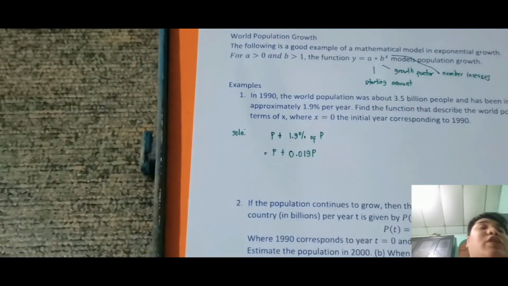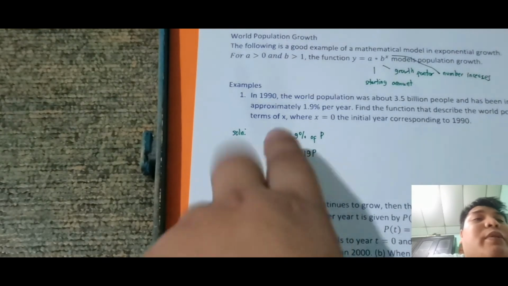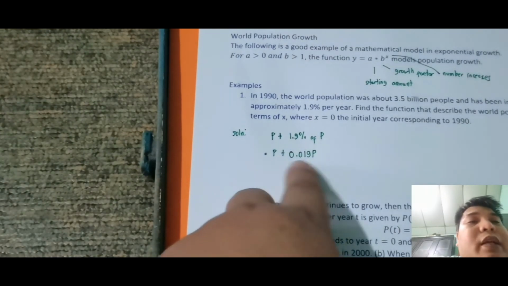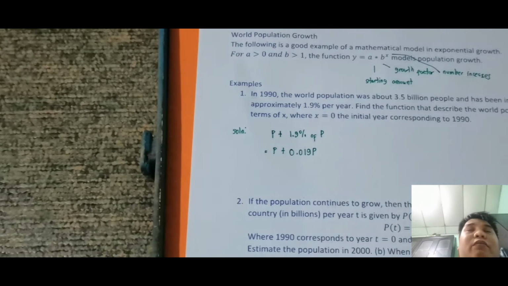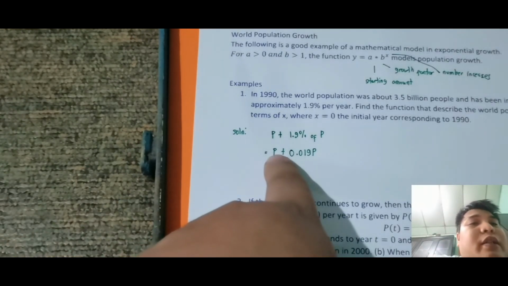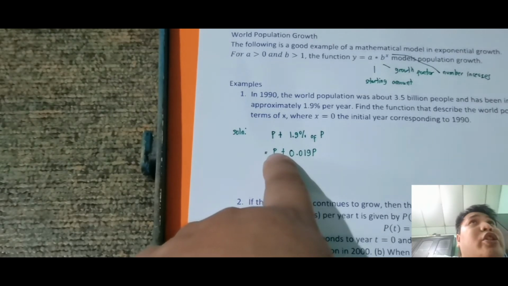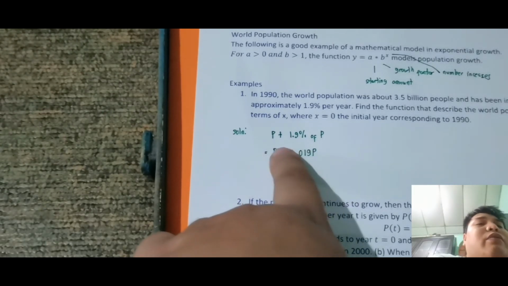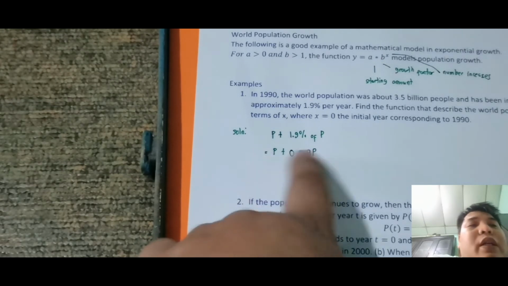For example, if you have 2 million, multiply it by 0.019, that is the value of the increase per year. If you notice, both terms have P, so they can be added. They are common terms, or we can add the two expressions if they have the same literal coefficient and the same exponent. Both are P raised to 1.